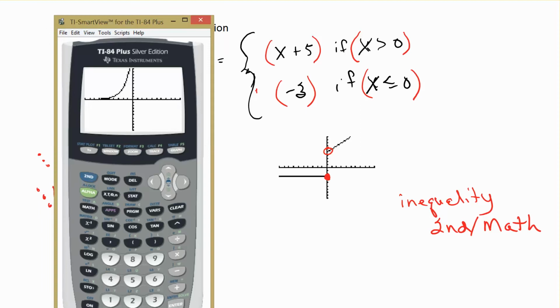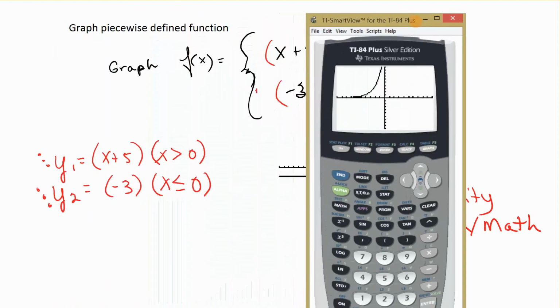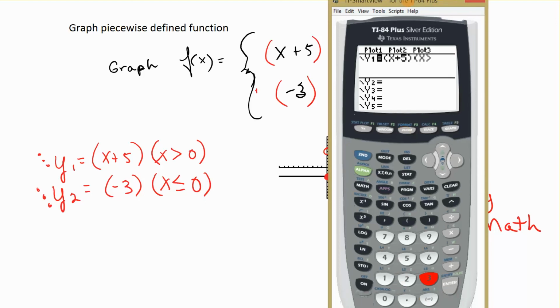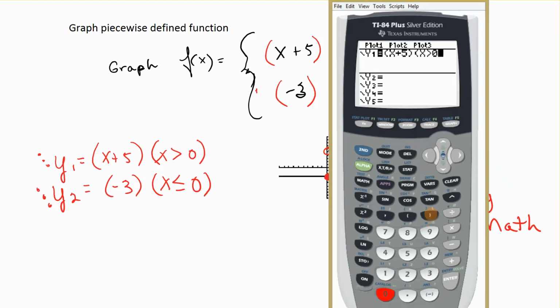So let's pull the calculator up, and we'll go to y equals, and we'll clear that guy out. So we're going to have parentheses x plus 5, and then we'll open another one, x. Now we need greater than, so second math, they're right here, and greater than is number 3, and we put 0, close.